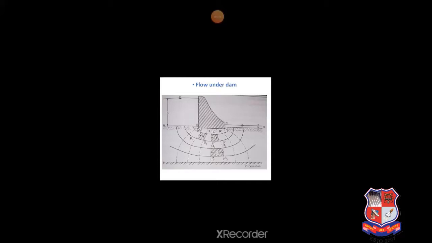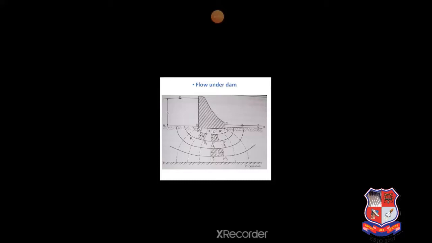Same quantity of flow occurs through each flow channel. Same potential drop occurs between any 2 successive equipotential lines. The smaller the dimension of a field, the greater is the hydraulic gradient and also the velocity of flow.